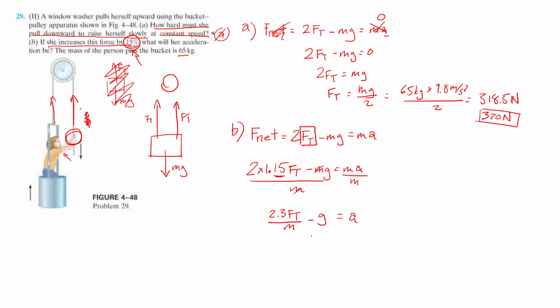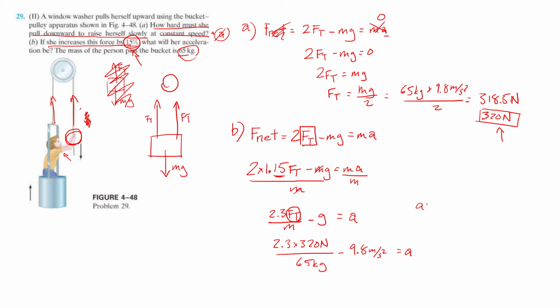So if I finally plug in, I know that FT was right here, 320, so 2.3 times 320 newtons divided by the mass again, which is 65 kilograms, minus 9.8 meters per second squared is equal to a.